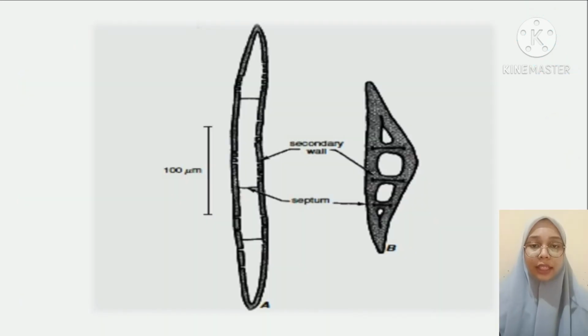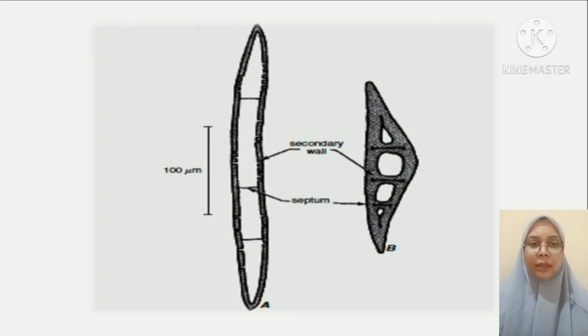And then, as you can see in the pictures, A is a septate fiber from the phloem of grapevine or Vitis stems. The septae are in contact with the secondary wall.